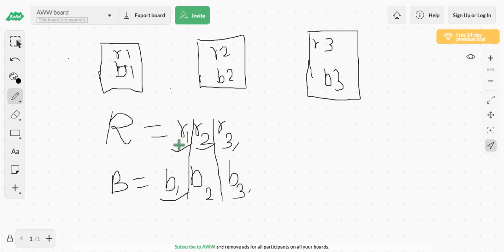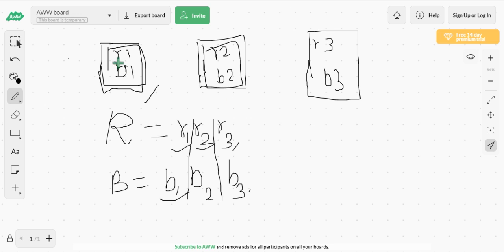So for finding the probability, we'll just compare all the elements on the cards. We'll compare R1 with B1, R2 with B2. If there are more cards on which the red integer is greater than the blue integer, then the red player is likely to win the bet. Otherwise, the blue player is likely to win.